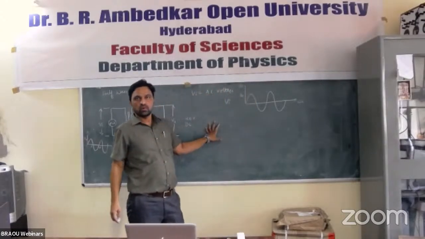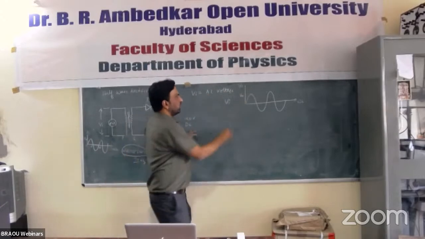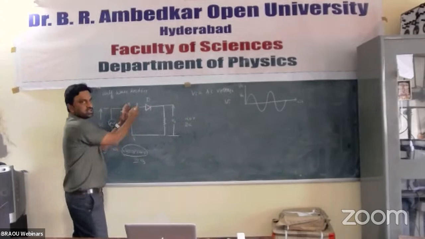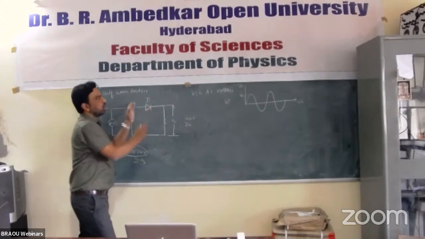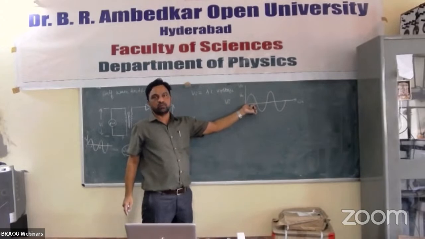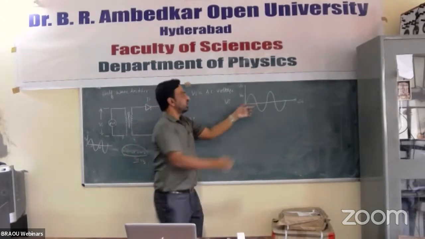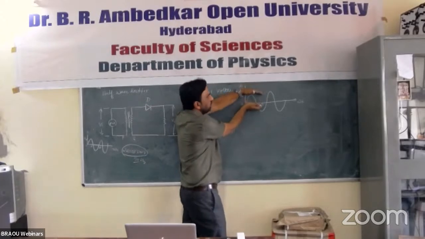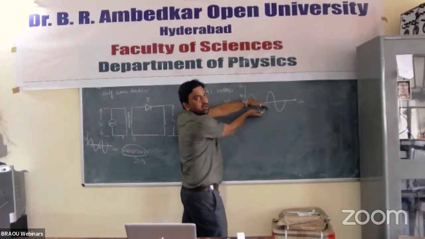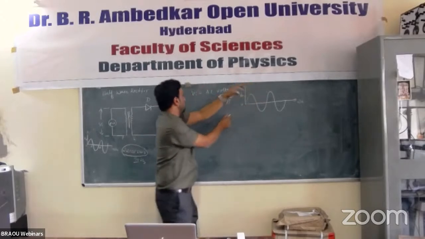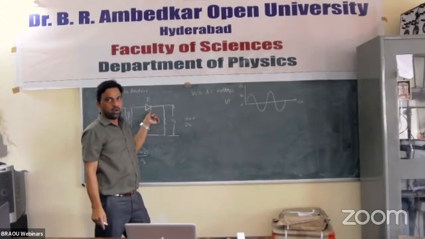Initially, when this voltage enters the diode, the positive half cycle enters first. The part above zero is the positive half cycle, and the part below is the negative half cycle. This positive half cycle enters the diode.